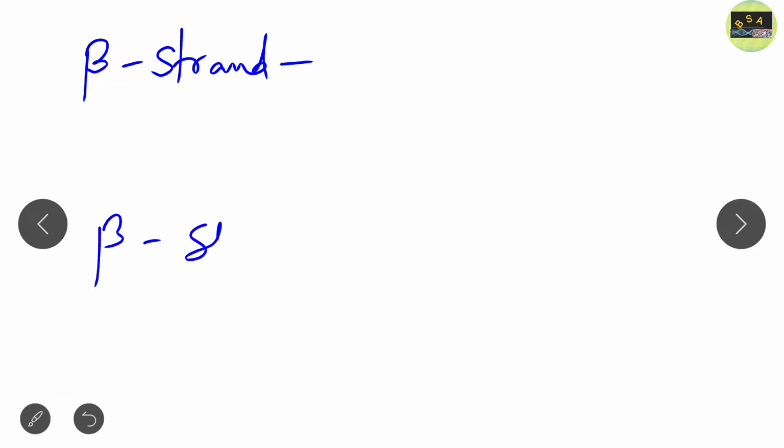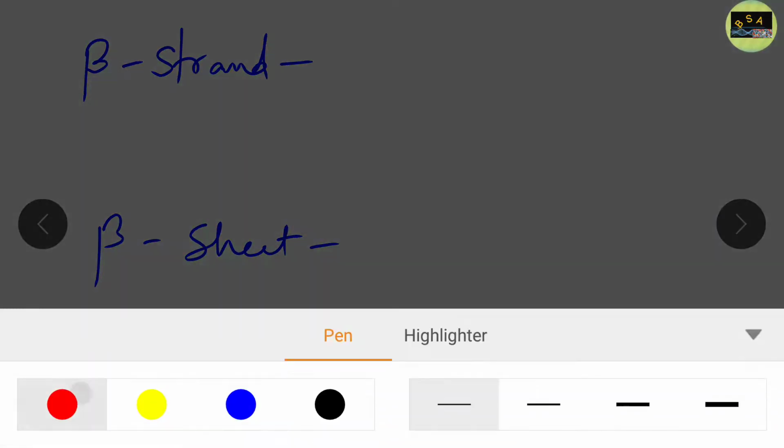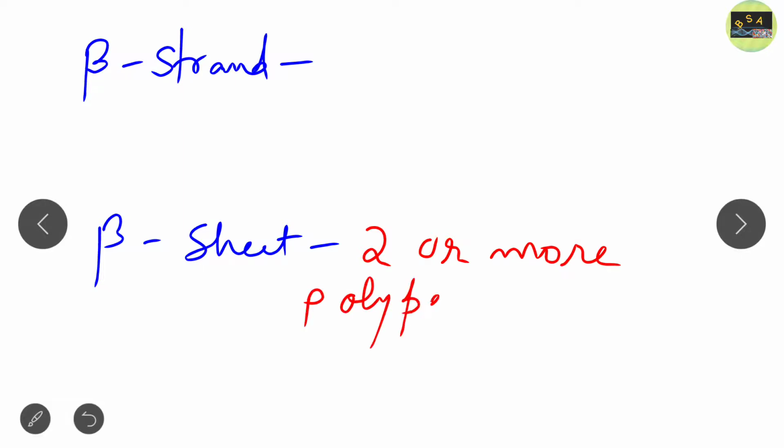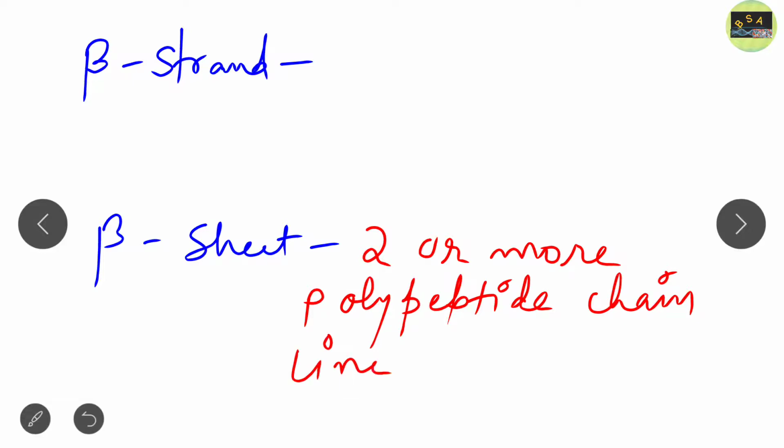As I already discussed the difference between beta strand and beta sheet, beta strand is monomer in nature, while beta sheet is polymer in nature.